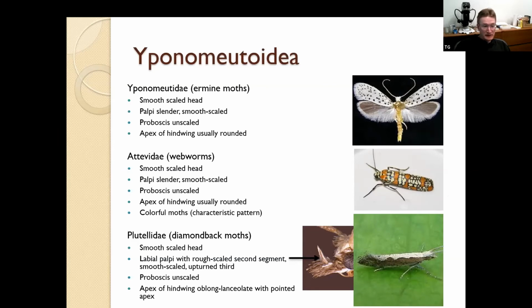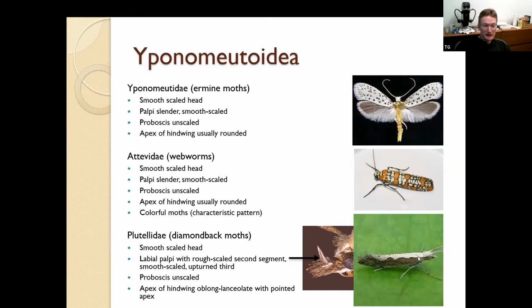And then the plutellids, this family contains one of the most common pests in the entire world, and that's Plutella xylostella, the diamondback moth. It is a pest of brassica or cabbage that's found worldwide, and it's found everywhere, really very, very commonly. You can tell these moths by their small size.